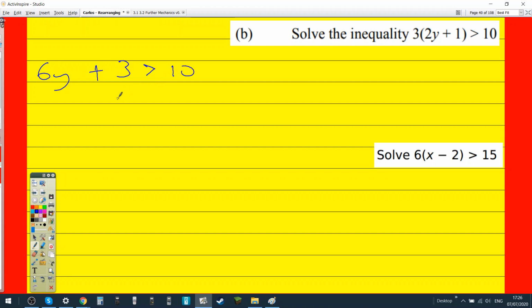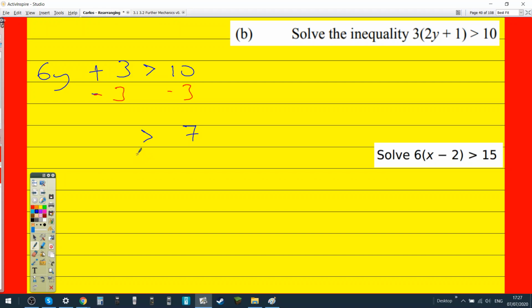And then all you do, you take away 3. So then plus 3 is gone, and 10 becomes 7. So then, wait, so we need to find out what 1y is, right?